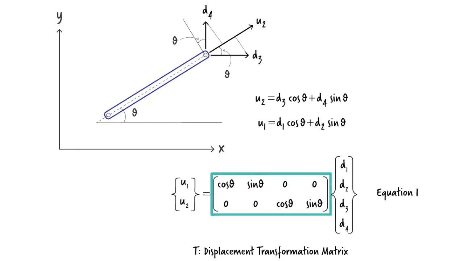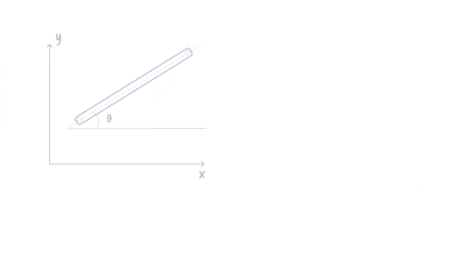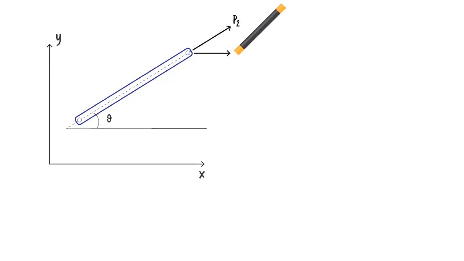We can also come up with a force transformation matrix. Here is the member end force in the local coordinate system, and here are the member end forces in the global coordinate system. What is the relationship between these forces? Since this is an axially loaded member, we know F3 and F4 must be the components of P2.